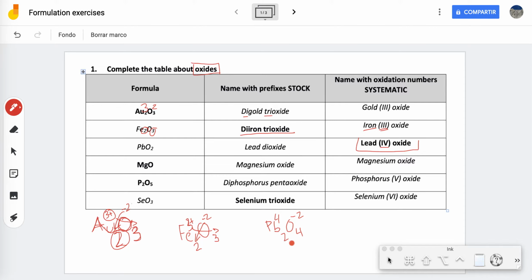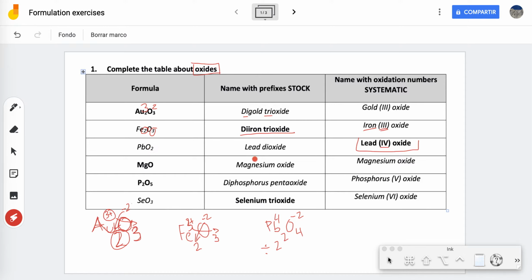Since we know that we need to divide by 2, we divide Pb2 by 2, which is 1, we don't write it, and the O4 divided by 2 is O2. So Pb1, we don't write it, but we write 2, and we keep it there.